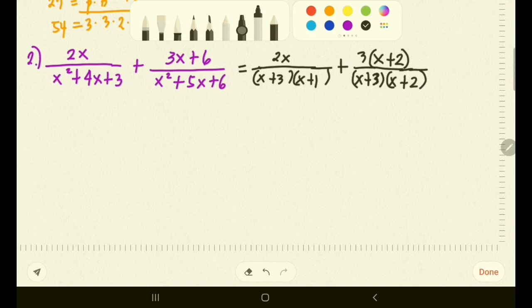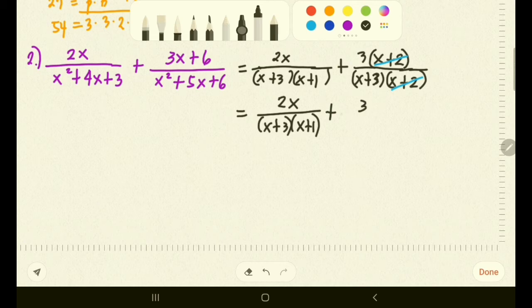Class, why is it I factor the numerator? Because sometimes, just like this, you can simplify the given RA. Here, you have your common binomial factor, which is x plus 2. You can cancel that out. So this becomes 2x, copy still, x plus 3 times the binomial x plus 1.